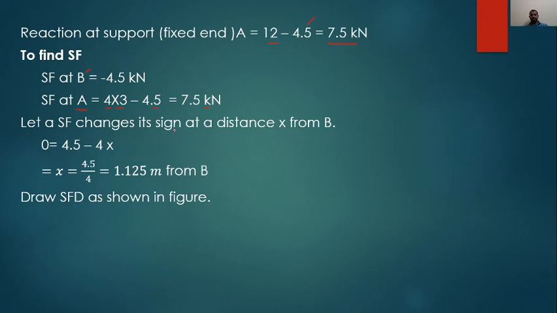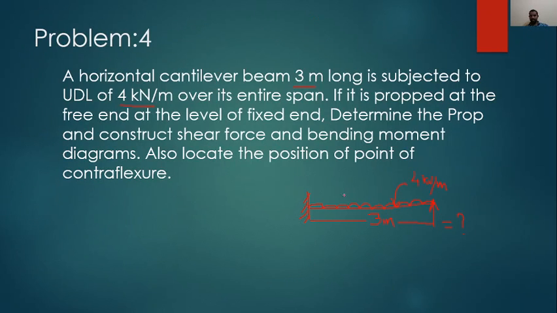Let the shear force change its sign at a distance x from B, and then go back to the diagram. Let us say at some x value we are going to calculate shear force. Then shear force at this place will be the prop reaction minus 4 into x.